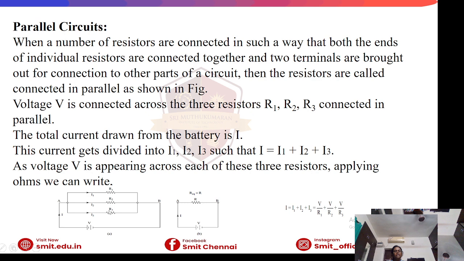So these three resistors are connected in parallel, where the total current I is nothing but I1 plus I2 plus I3. The equivalent circuit of this parallel circuit is shown in this figure.